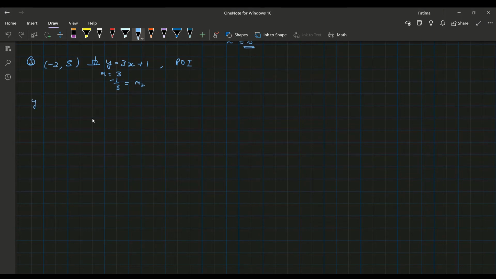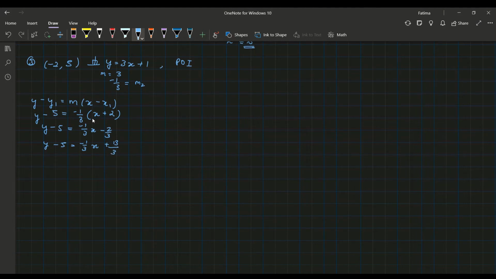Now when I substitute that into my equation of y - y1 = m(x - x1), it would be y - 5 = -1/3 (x - (-2)), which is basically +2. So that's y - 5 = -1/3 x - 2/3. Minus 2/3 plus 5 becomes plus 13/3.